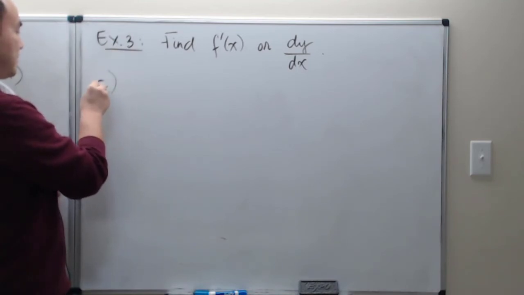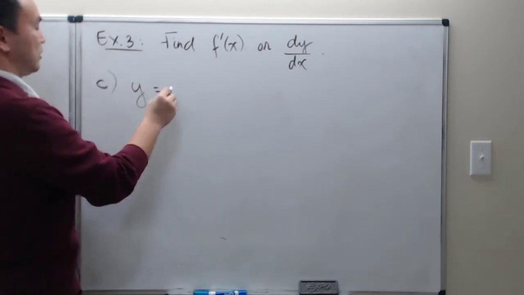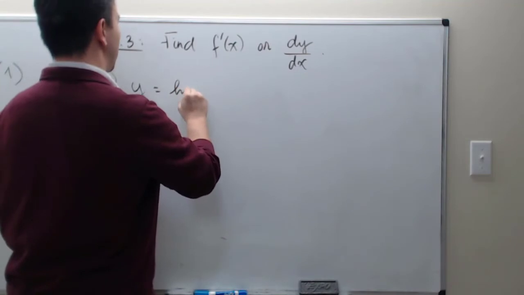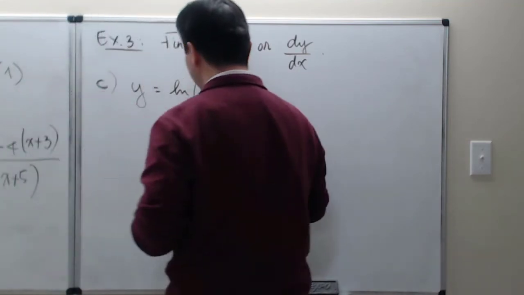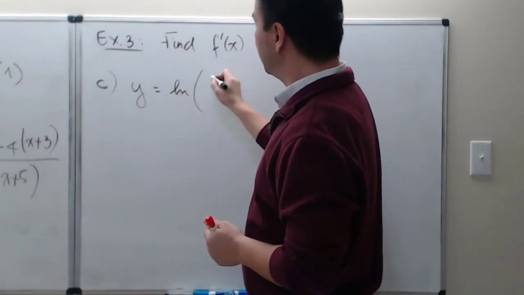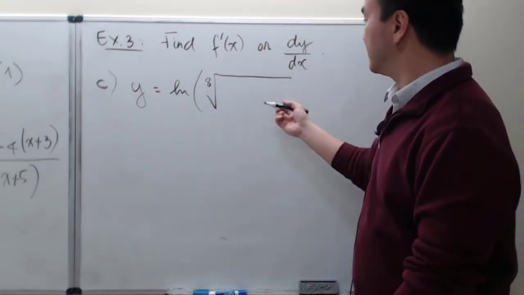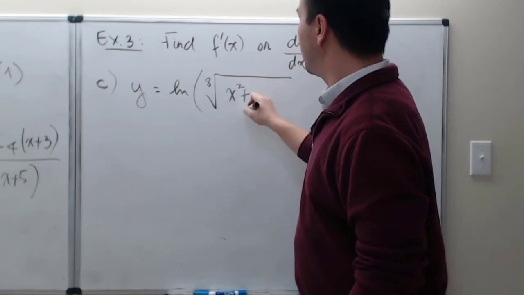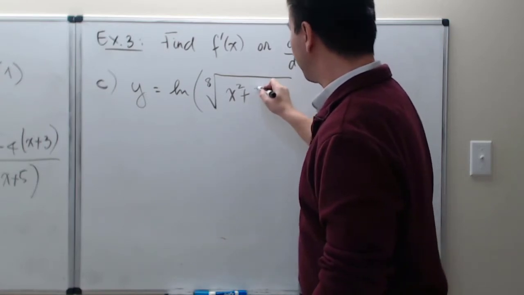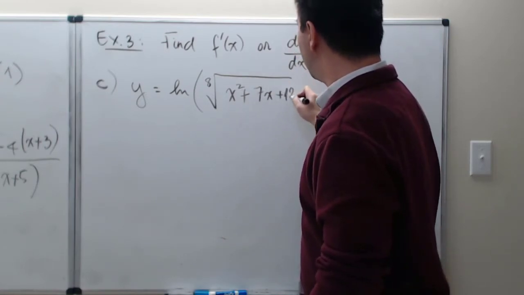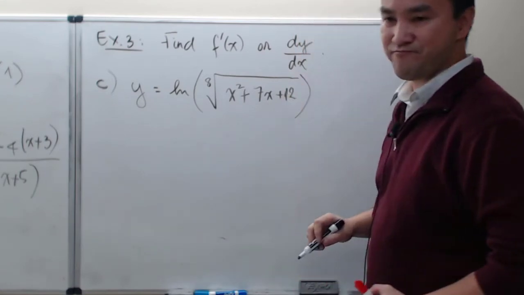Question C. y equals, how about natural log of the 8th root of x squared plus 7x plus 12, with that expression being inside the 8th root.